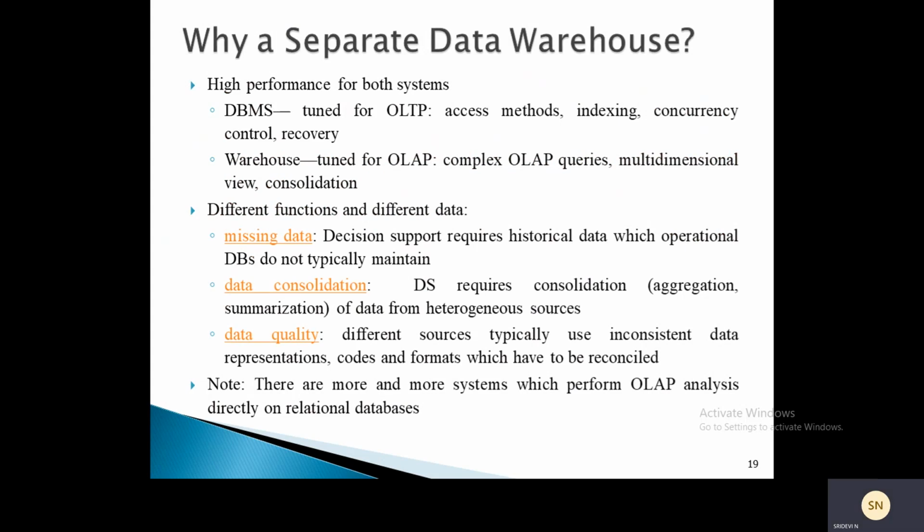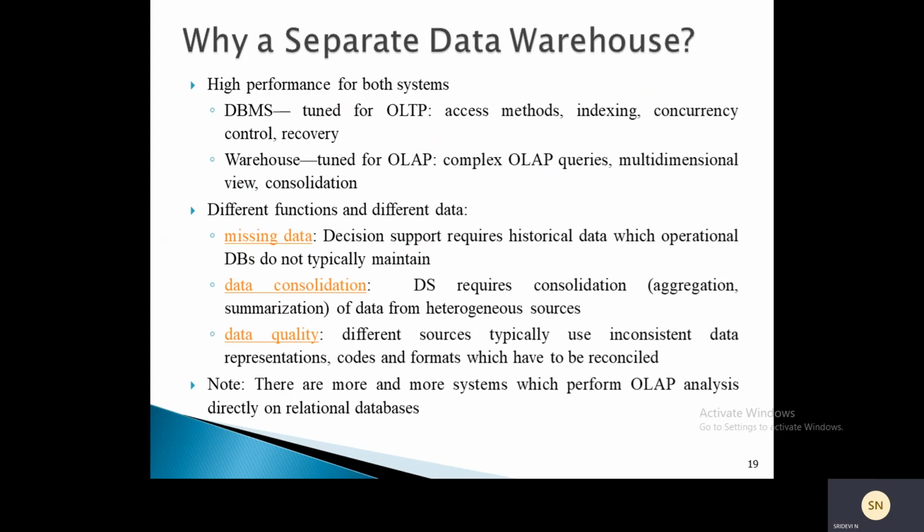So, high performance for both systems: if a DBMS is tuned for OLTP, it has access methods, indexing, concurrency control and recovery, whereas a warehouse is tuned for OLAP, where it processes complex OLAP queries and multidimensional view consolidation. The DBMS alone cannot provide the high processing required for both systems, with different functions and different data.